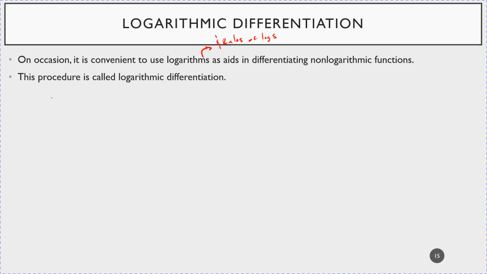So for example, here are the first two problems we'll do. Suppose I want you to find dy/dx. In this case, I'm going to denote it as y prime in our examples, for the following.